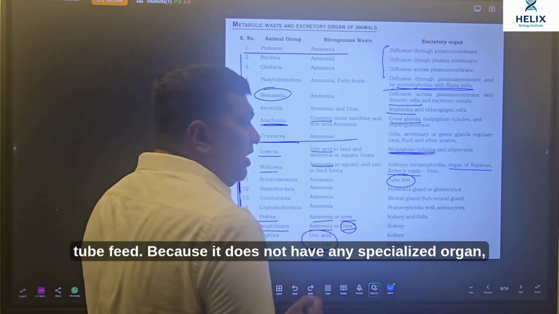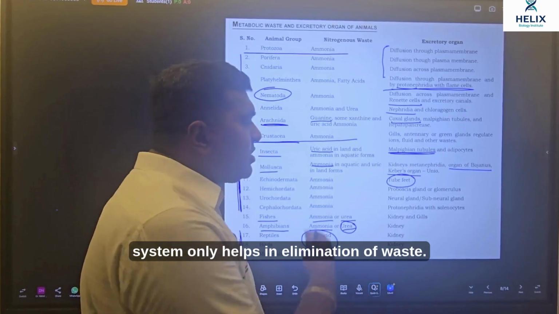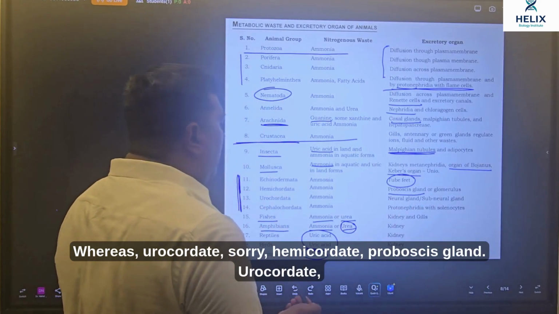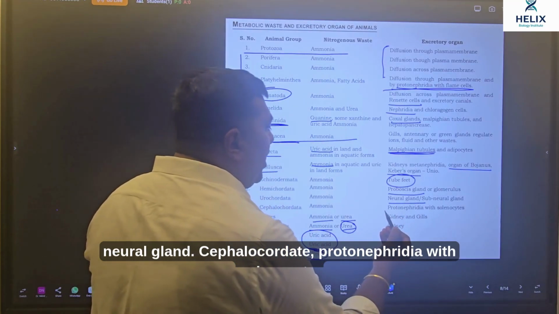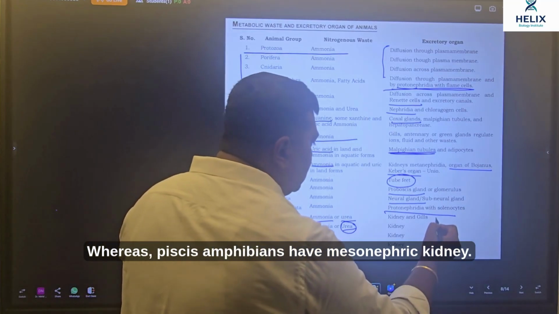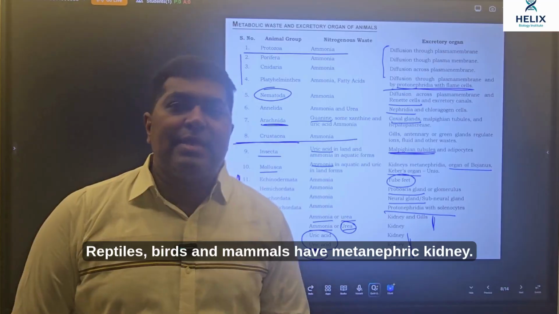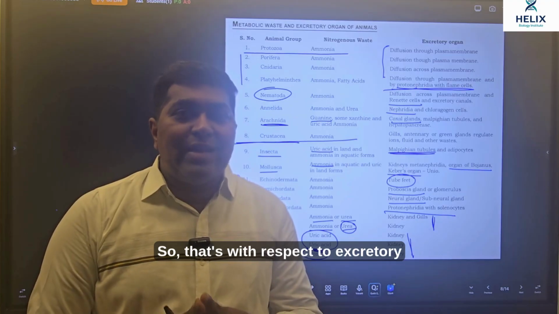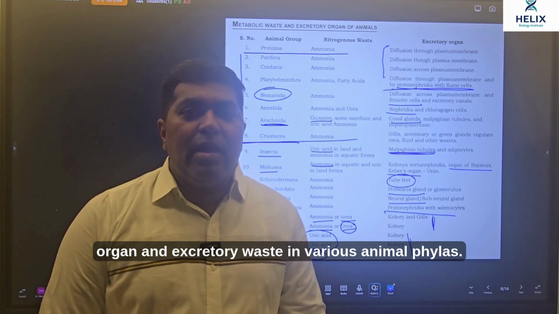Echinoderm, tube feet, because it does not have any specialized organ; the part of the water vascular system only helps in elimination of waste. Whereas hemichordate, proboscis gland; urochordate, neural gland; cephalochordate, protonephridia with solenocyte; whereas Pisces and amphibians have mesonephric kidney, reptiles, birds and mammals have metanephric kidney. So that's with respect to excretory organ and excretory waste in various animal phyla.